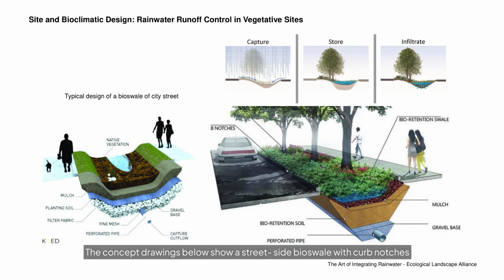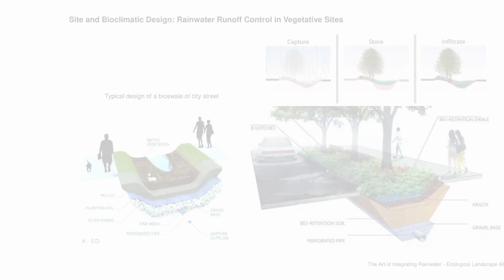The concept drawings below show a street-side bioswale with curb notches that direct road runoff into a planted basin. Each component in the system plays a specific role in filtering and controlling rainwater. Refer to the flood resilient design videos for more details about this specific flooding prevention strategy.